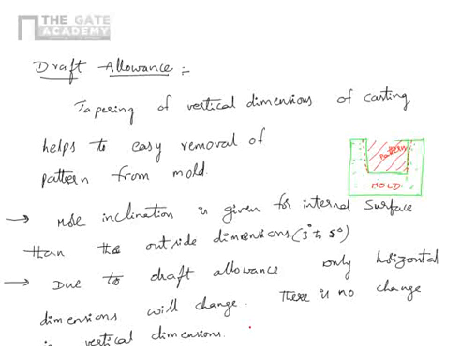There is no need to change the vertical dimensions, because of the inclination of vertical sides. So if the length is 50 to 54, or 55, and now you give a draft of 1, 3 degree or some 4 degree, depending upon the slope, then it will change accordingly, only horizontal dimensions.